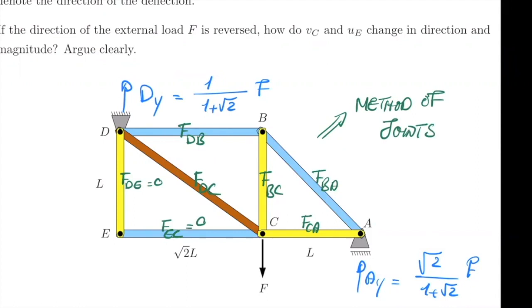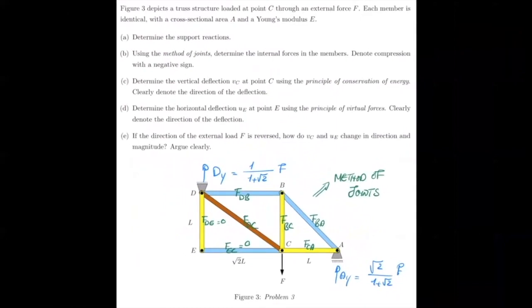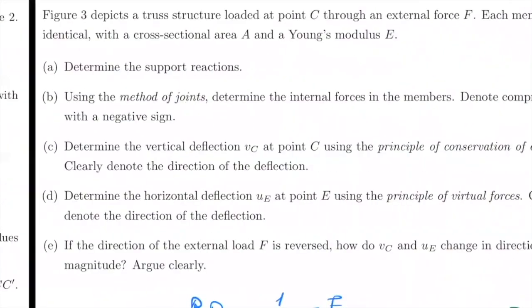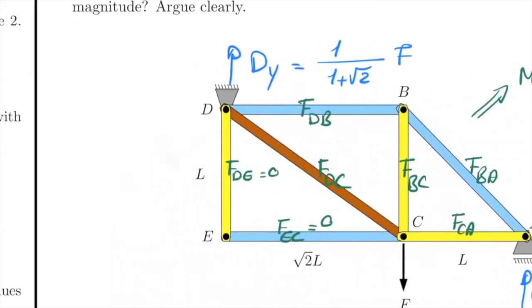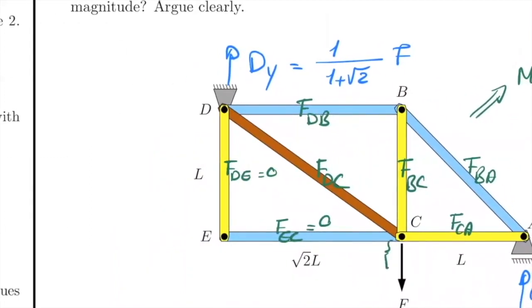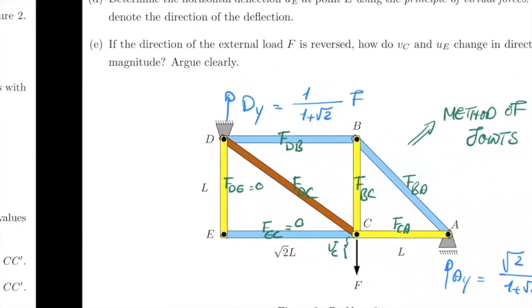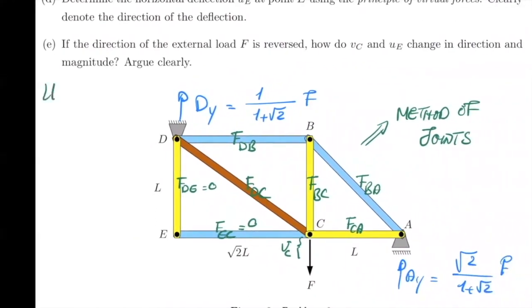And using the conservation of energy, you need to calculate the deflection at point C. Now, the deflection at point C, if you call it VC, the external work or external energy would be 1/2 times VC times F. So deflection times force, that's external force.